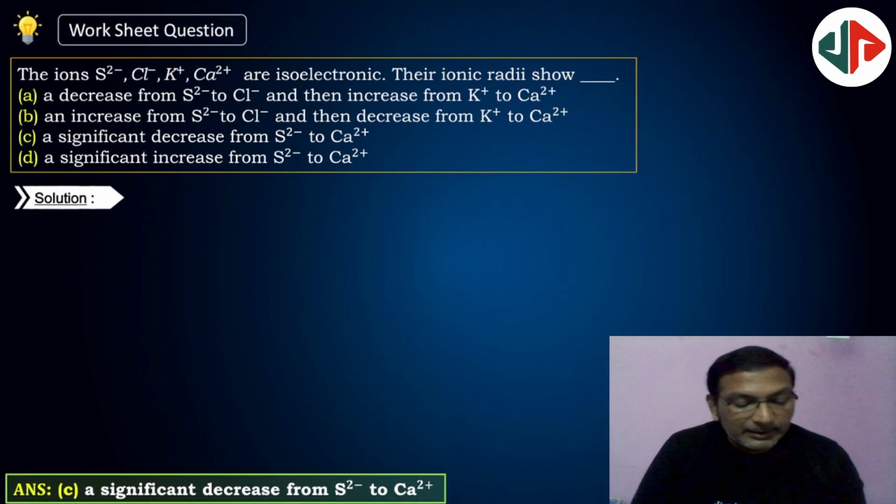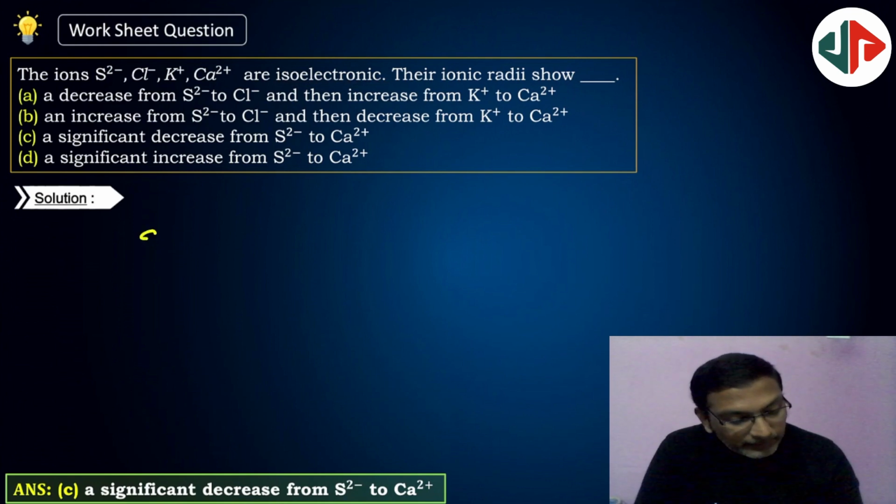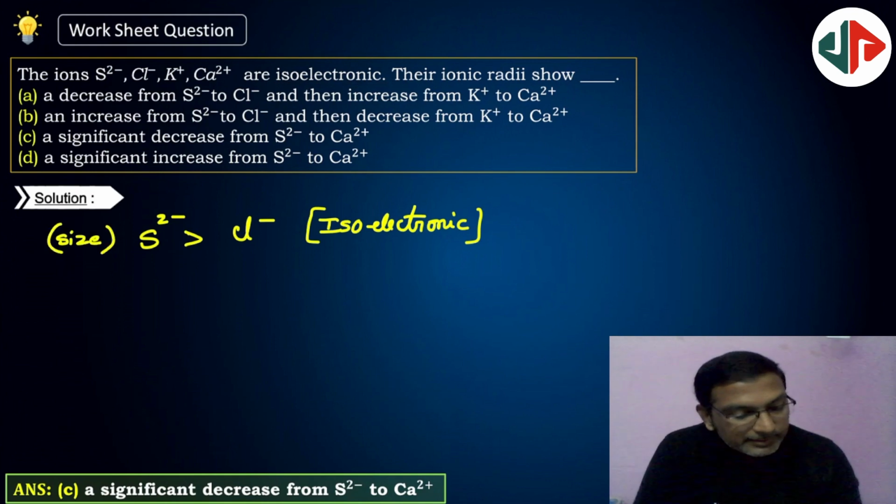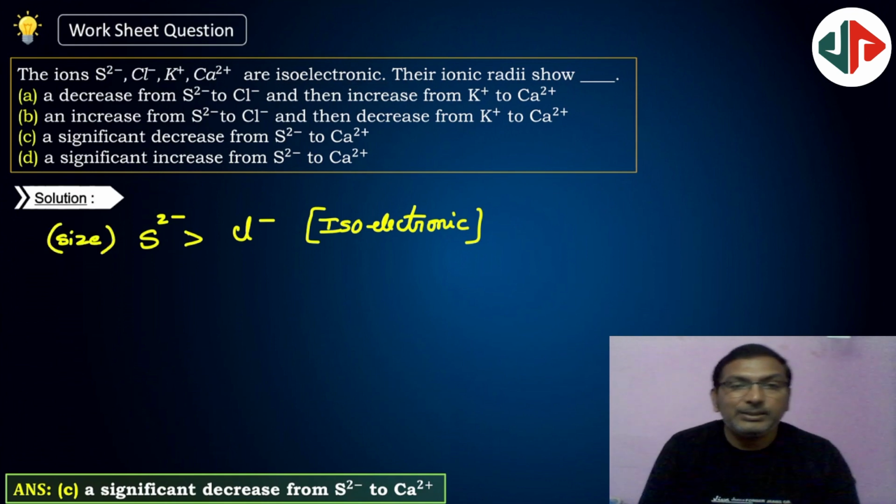This is also related to isoelectronic species. Atomic radius. Here we know S 2 minus and Cl minus. These are isoelectronic. So more negative charge means more size. S 2 minus has more size when compared to Cl minus.